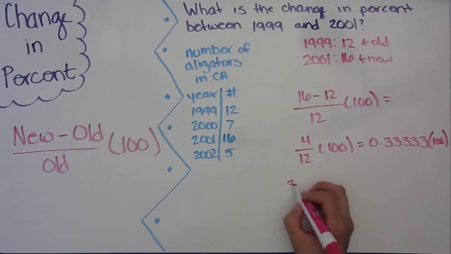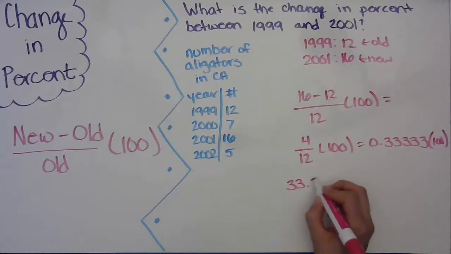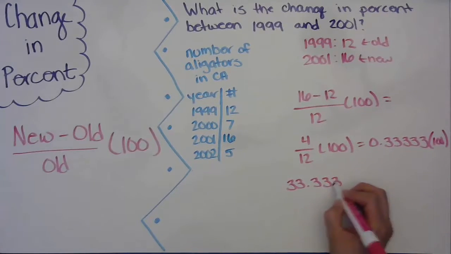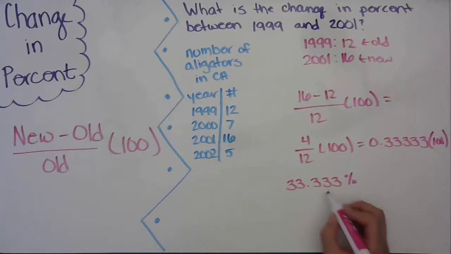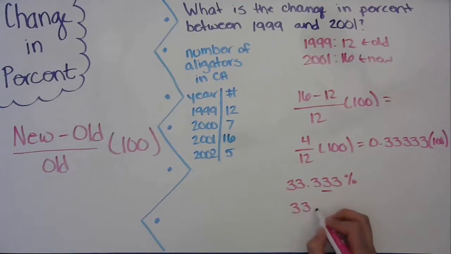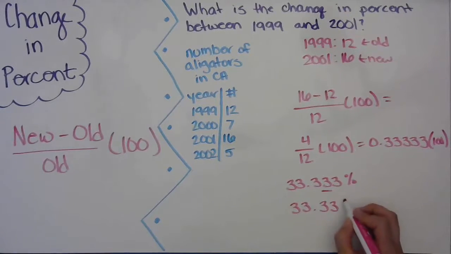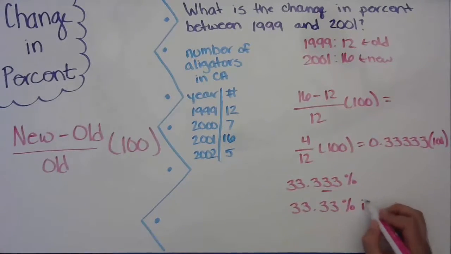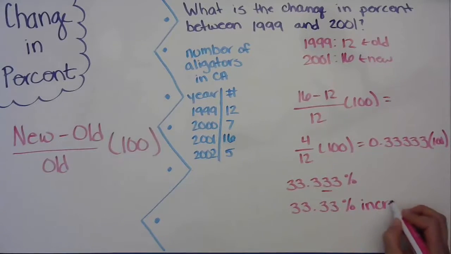And then that is going to give us 33.3%. Now we go ahead and round to this digit here. So our final answer, because this is a positive number, is going to be 33.33% increase.